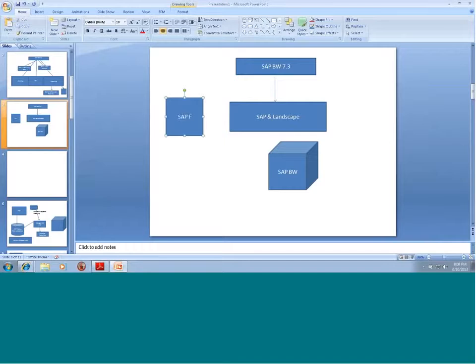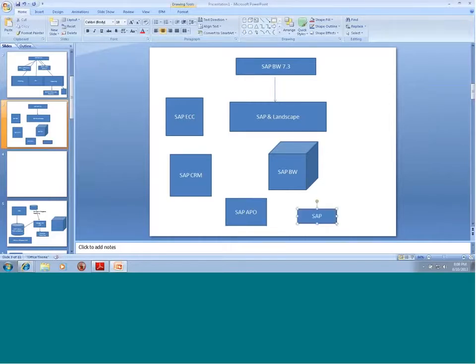It could already have SAP ECC and different modules like SAP CRM, SAP APO, SAP SRM, and the whole suite of Business Objects reporting.